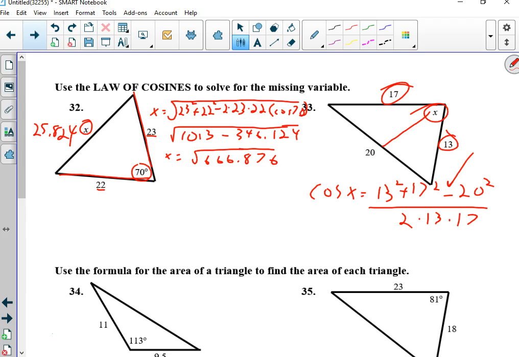You don't use the 20 in the bottom. Only the sides that make the included angle. When you do that, you get cosine of x equals 58 over 442. And that, you get a decimal or just leave it like that. Then do the inverse cosine of 58 divided by 442, and you get 82 degrees.